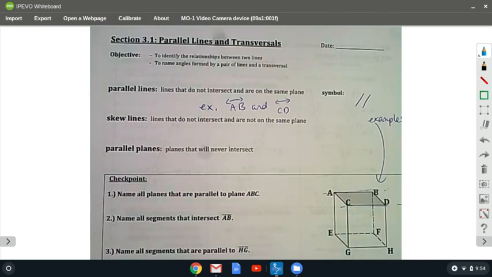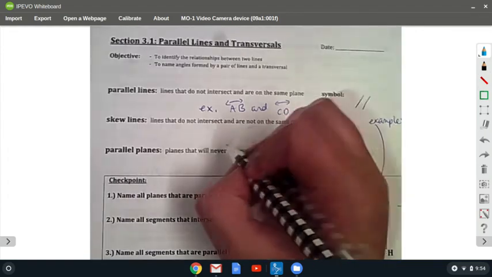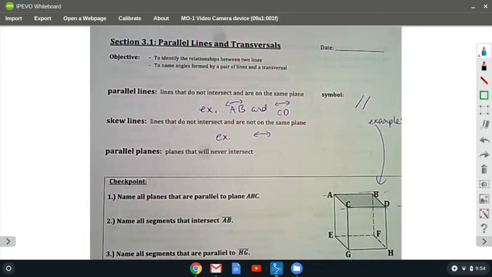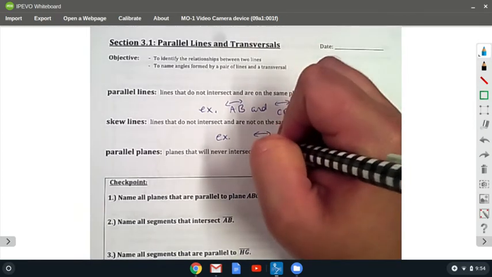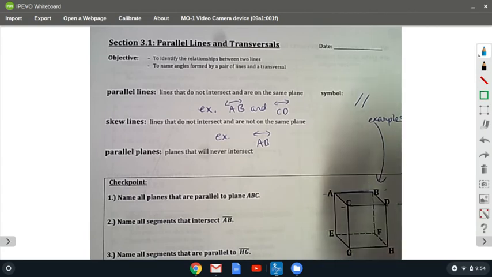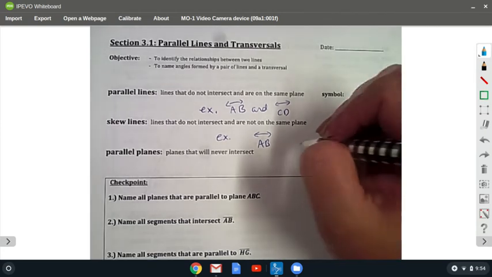Skew lines are lines that do not intersect and are also not on the same plane. So an example from this picture of skew lines could be AB. Here's AB. And CG or GH.